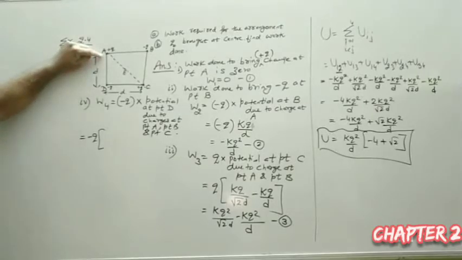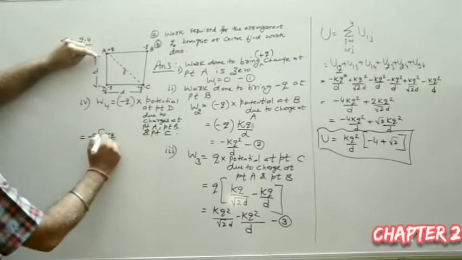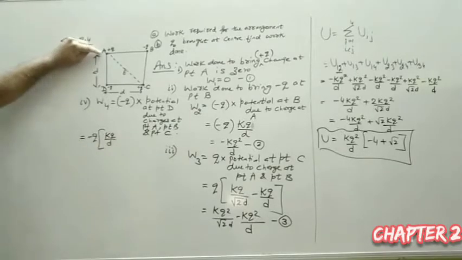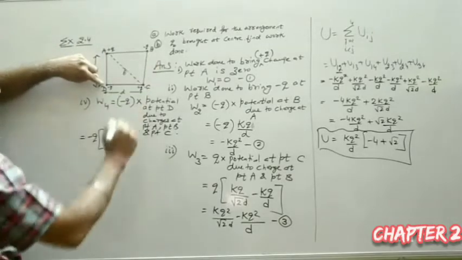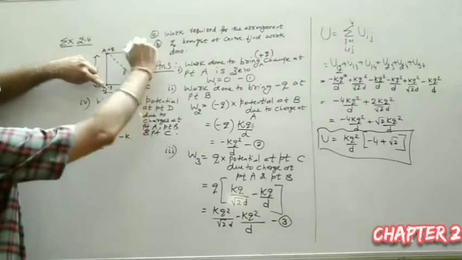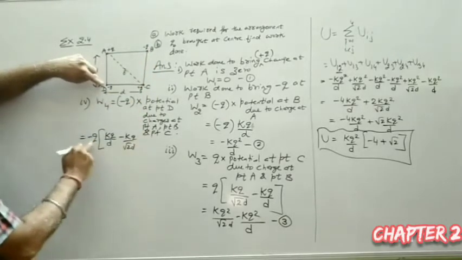So this is minus q against A. Potential at D due to A is k source upon d. Then potential at D due to B is minus k source upon distance. This is our test charge.